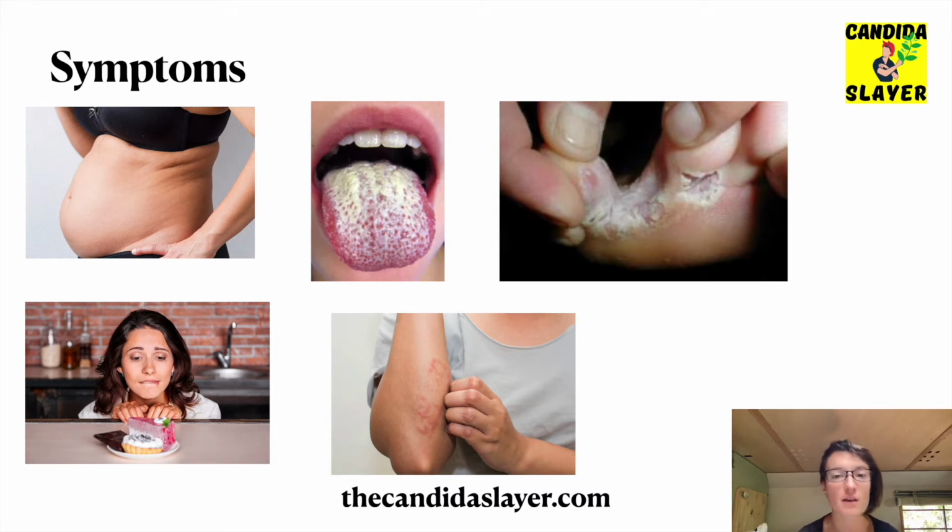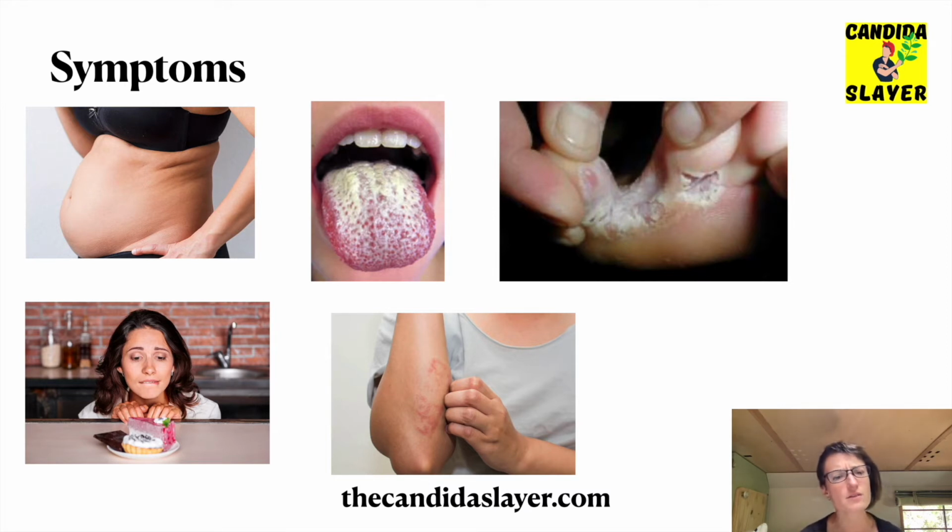That doesn't mean in that case that you have Candida in your gut. But if you have chronic fungal infections on your skin, yes, usually it's because you have also and primarily a fungal infection in your gut. It starts usually in your gut and then it spreads to the rest of your body. So if you have skin fungal infections that come back all the time, you need to heal your gut first.